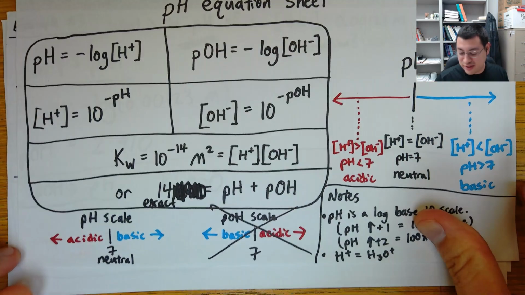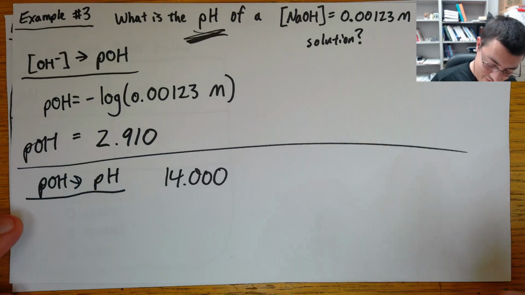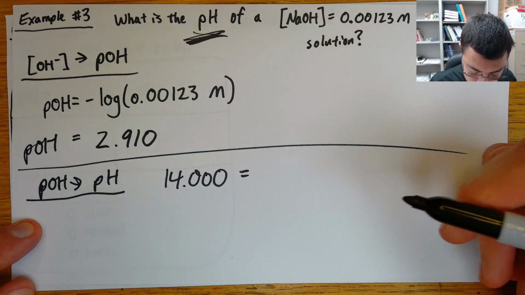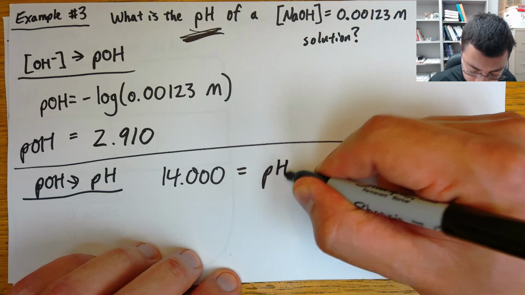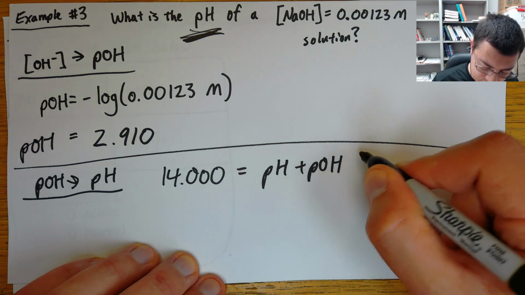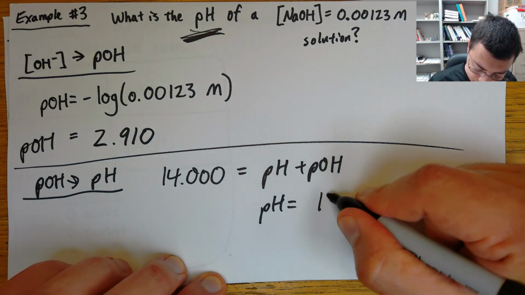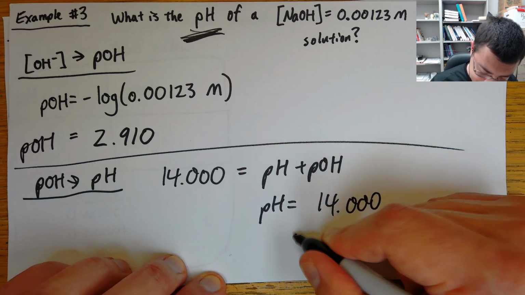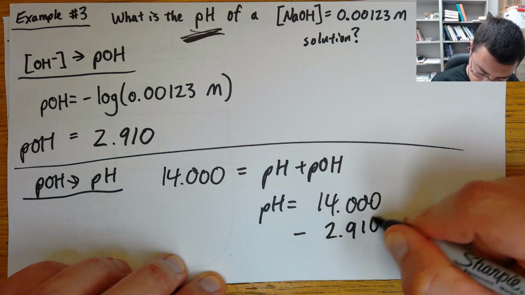It's almost the end of the semester, and I'm starting to second guess things more and more. 14.00 is equal to pH plus pOH, so we'll subtract the pOH from both sides. That gives .910.